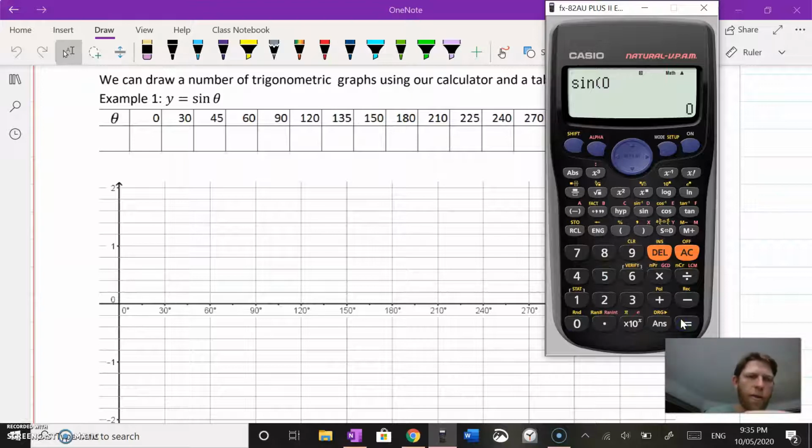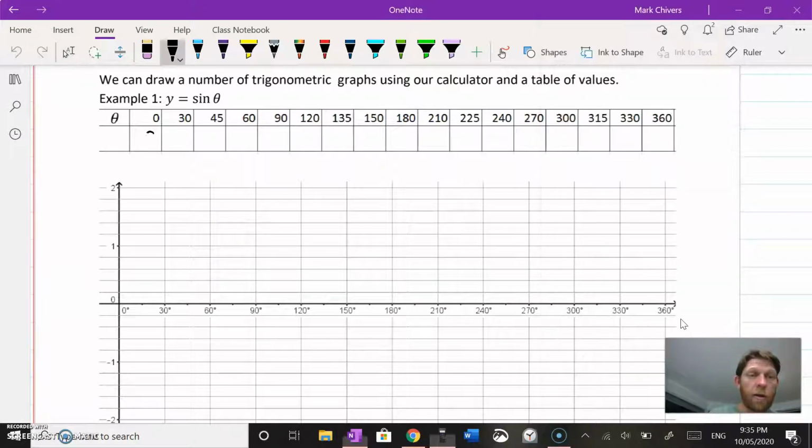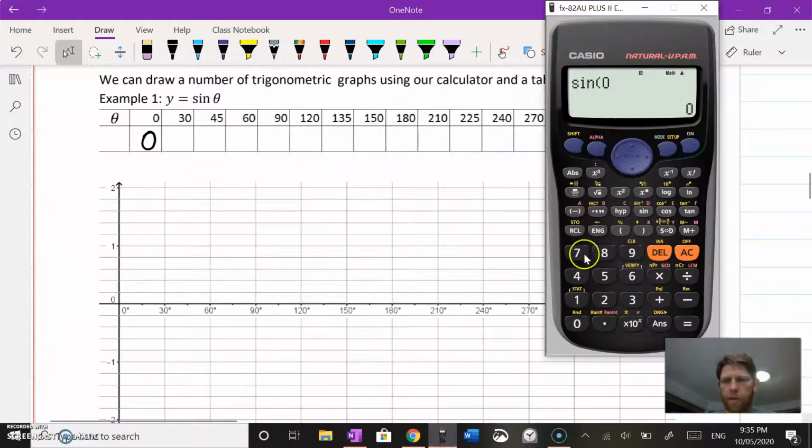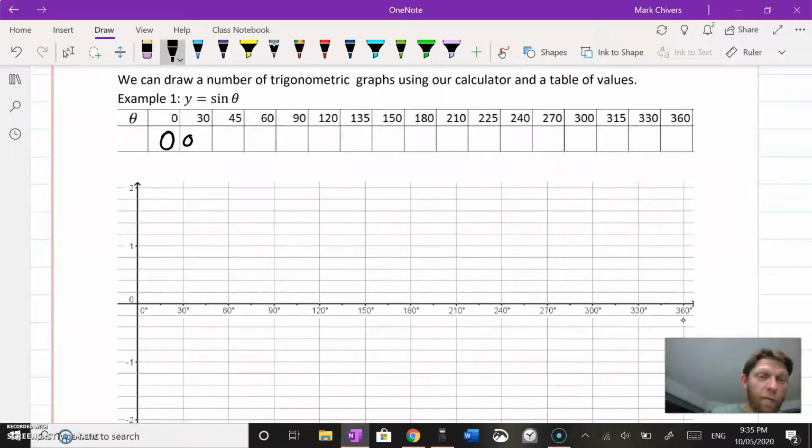But we start with sine theta of 0. Sine of 0 is 0, and we just keep going along like that, and sine of 30, so there's going to be a bit of clicking and pressing to do, is 0.5. Now if we remember what adds up with 30 to 180, well, that's going to be 150.